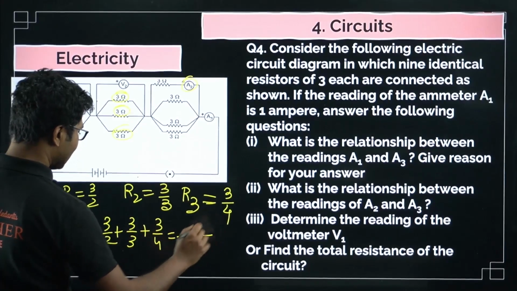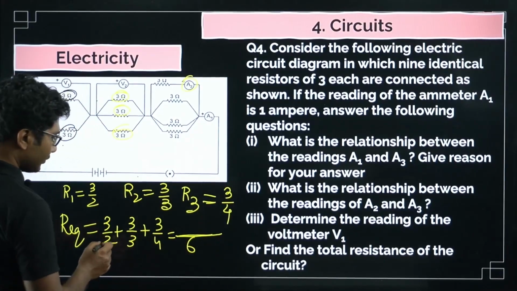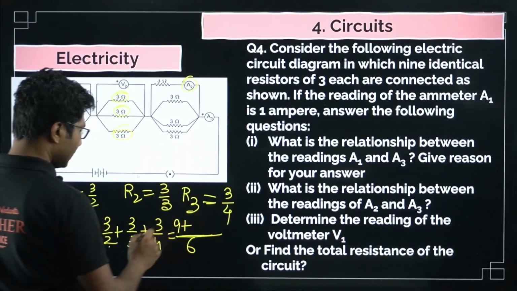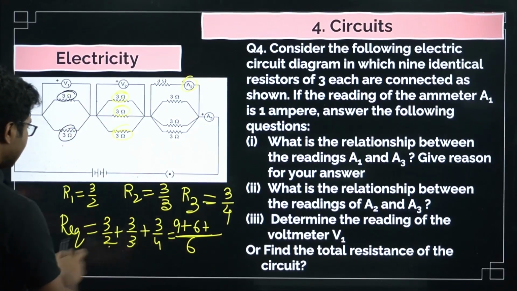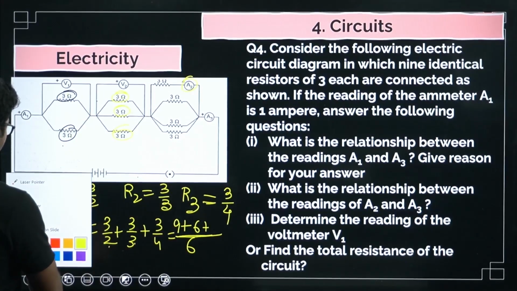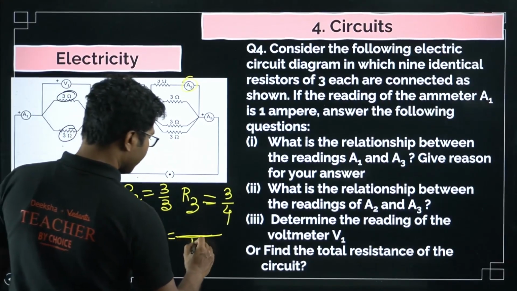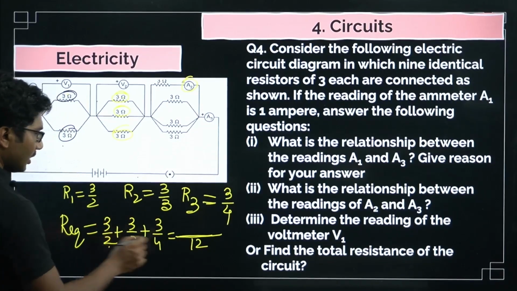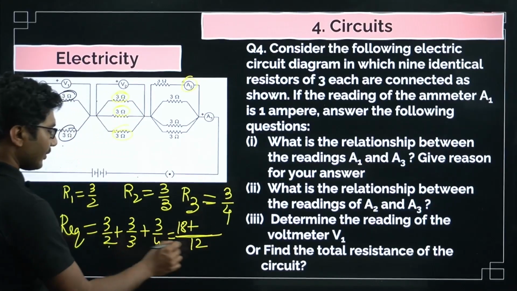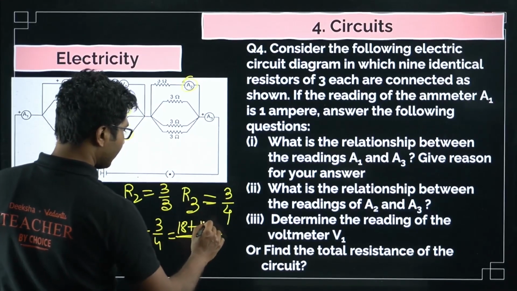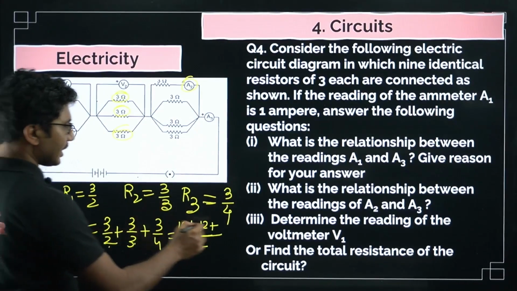So what is the LCM? I think it will be 6. Oh no, the LCM will be 12, sorry, my mistake. Okay, the LCM will be 12. So 12 divided by 2 is 6, 6 times 3 is 18, plus 12 divided by 3 is 4, 4 times 3 is 12, plus 12 divided by 4 is 3, 3 times 3 is 9.